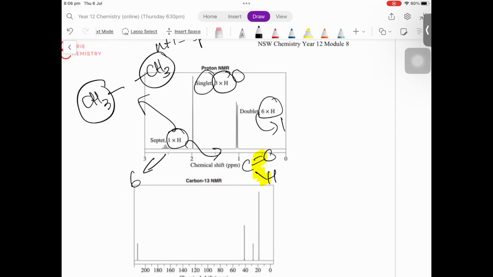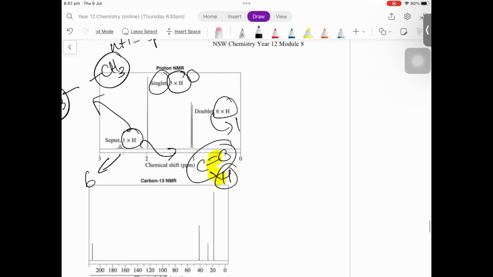If it's a singlet, it has no neighbors, so we have to put it in a place where the carbon that it's bonded to has no carbon. What that tells me is, if my carbonyl functional group has a hydrogen on the end of it, then there's really no other way I can make a structure of a molecule with no neighbors. Because if it's an aldehyde, there's going to be neighbors everywhere.